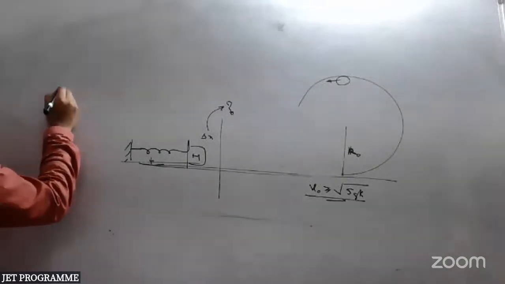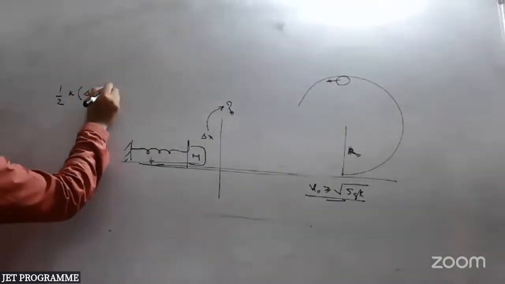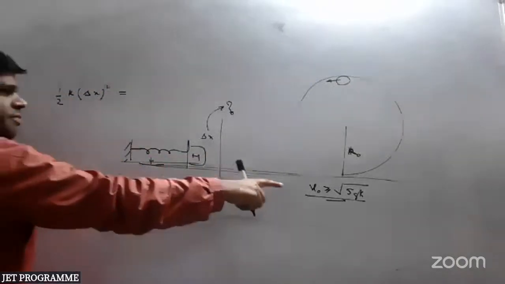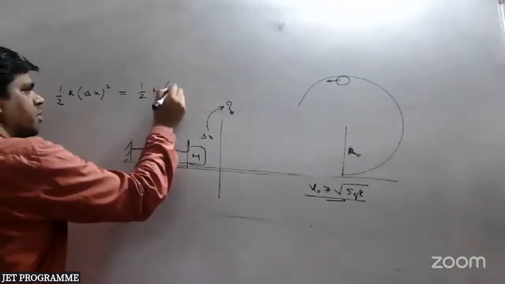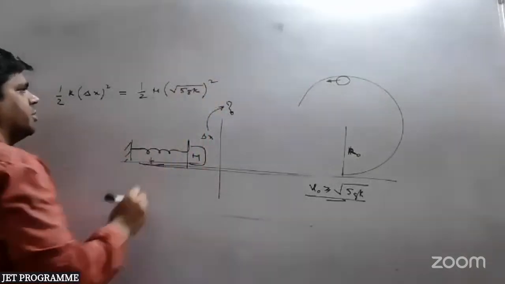Spring potential energy, which is half k delta x square. Now this should be equal to the kinetic energy over there with the speed of root 5 gr, half m root 5 gr square.